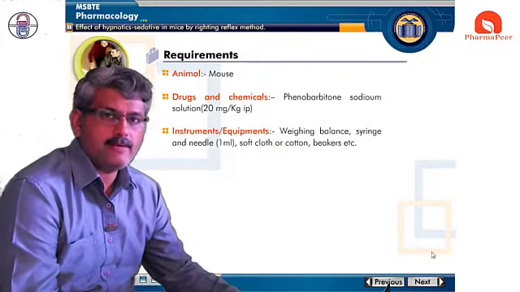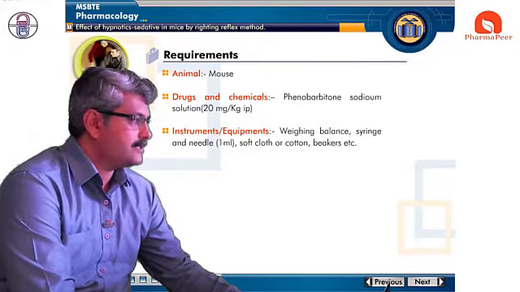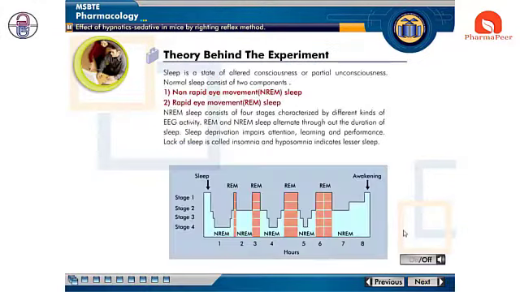First, we will see the theory behind the experiment. Sleep is a state of altered consciousness or partial unconsciousness. Normal sleep consists of two components: non-rapid eye movement, that is NREM sleep, and rapid eye movement, that is REM sleep.